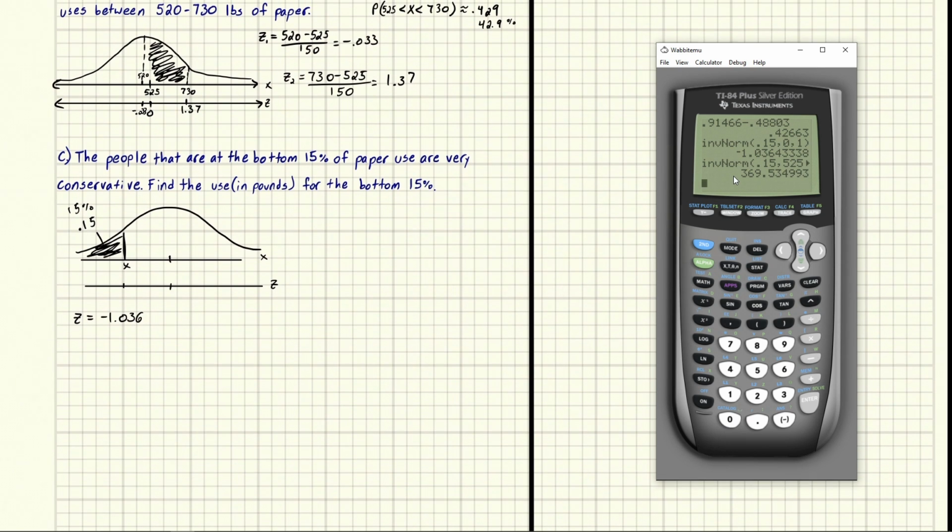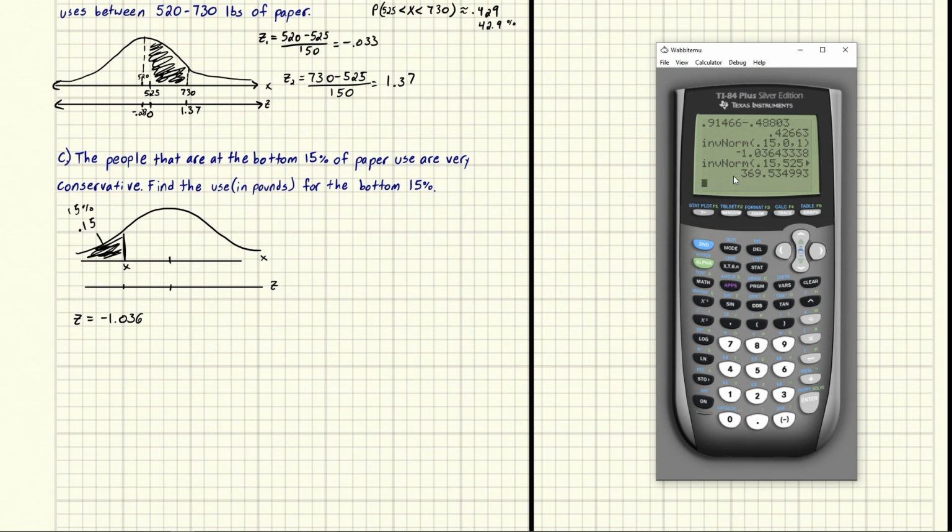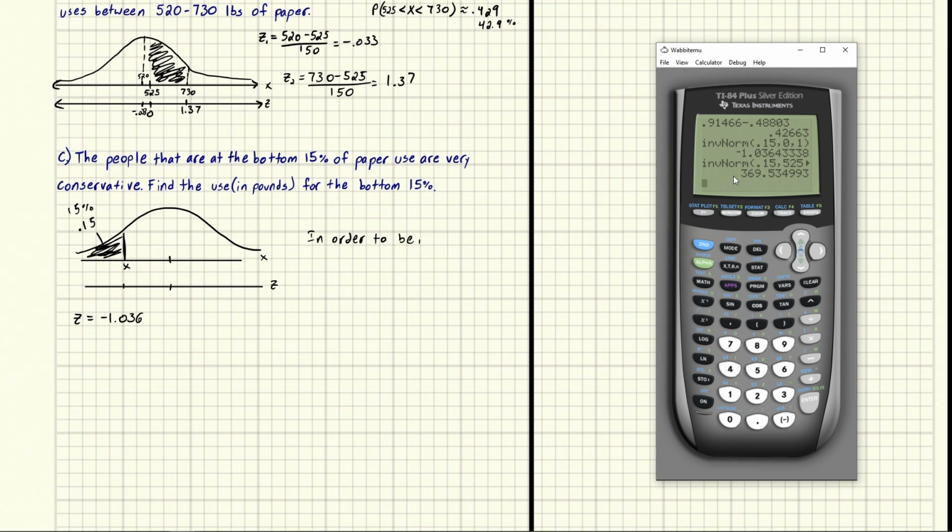So it turns out that in order to be in the bottom 15%, so I could say in order to be in the conservative range, you may use up to 369.53 pounds.